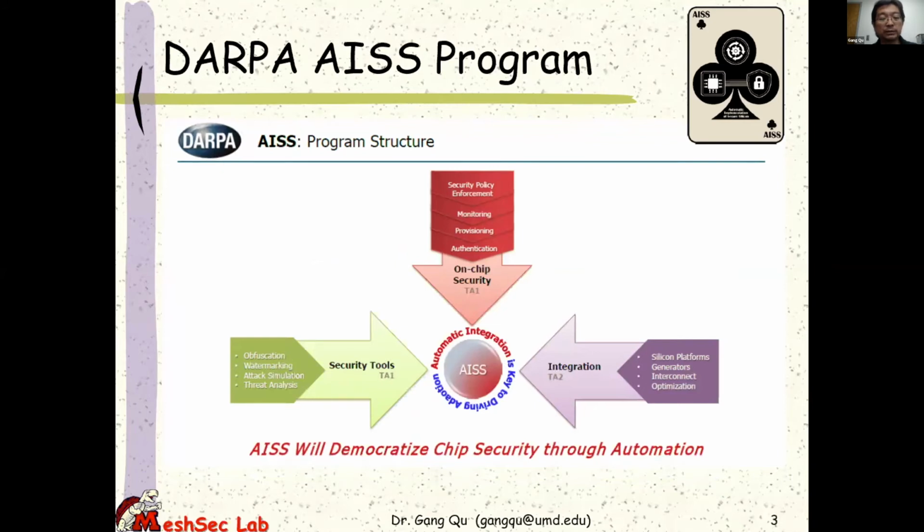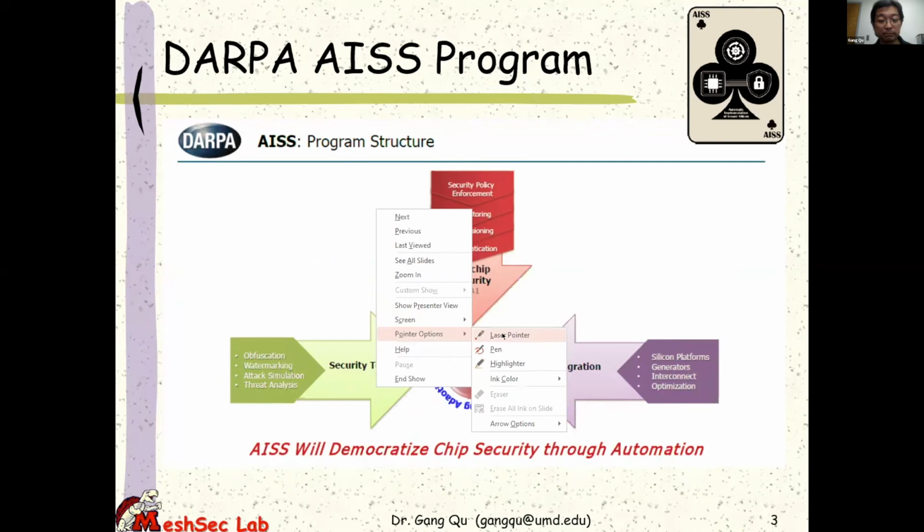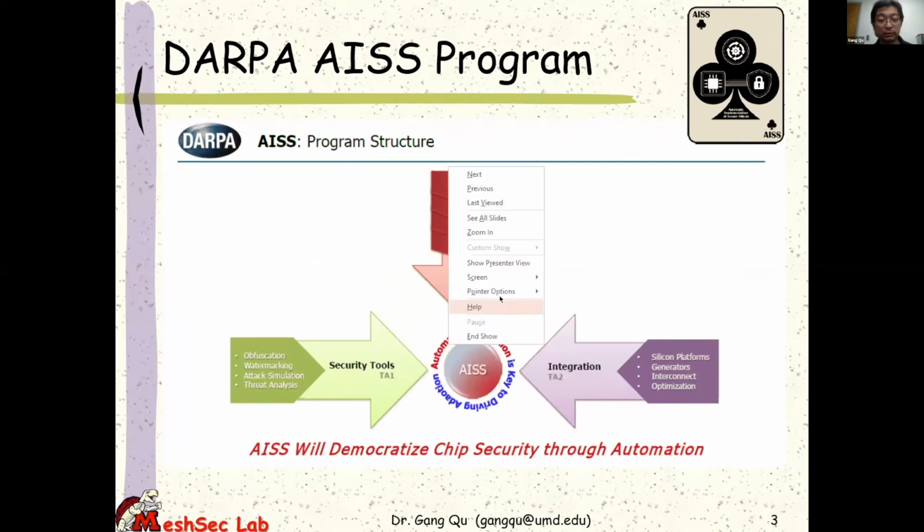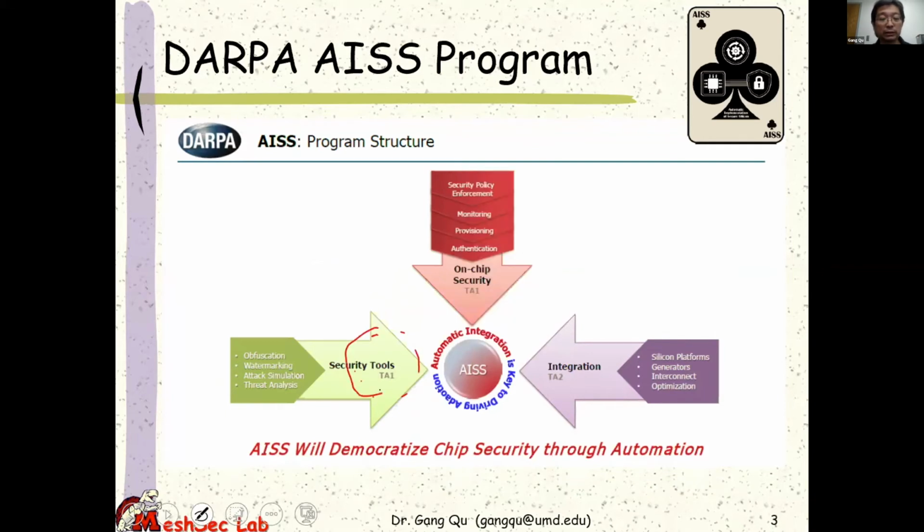And this is another slide from DARPA's program where they mention the 2 technical areas, which Mark mentioned as TA1 and TA2. TA1 is more or less about the current, existing research on hardware security and trust features, and the implementation part.